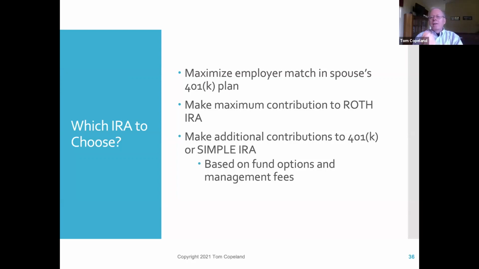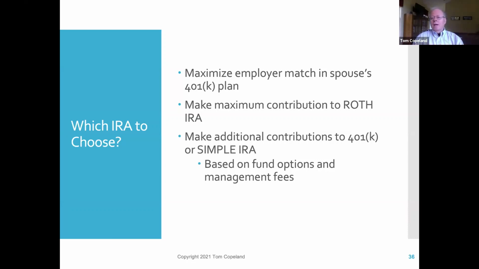If the employer is contributing to your spouse's retirement plan, you want to make sure he's contributing as much as he possibly can to get the maximum match, because that's free money. If you've made the maximum match, then in my opinion, you should contribute to a Roth IRA. If you have more money to contribute, I would contribute either more money into the 401k plan or into a SIMPLE IRA.